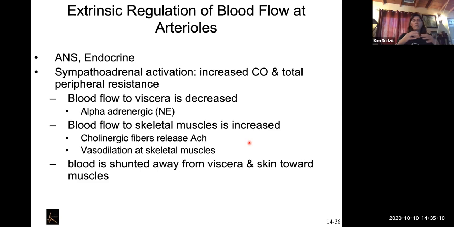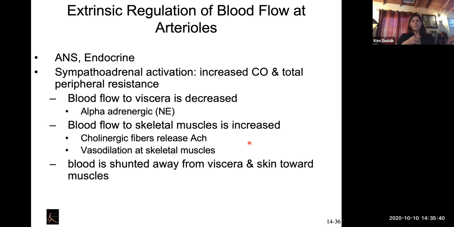But it can also change the peripheral resistance, because during sympathetic activation we want to decrease the blood flow to our digestive organs or the viscera. That happens because those cells have alpha adrenergic receptors, so they respond to the norepinephrine being released at the adrenal gland, and that causes vasoconstriction.